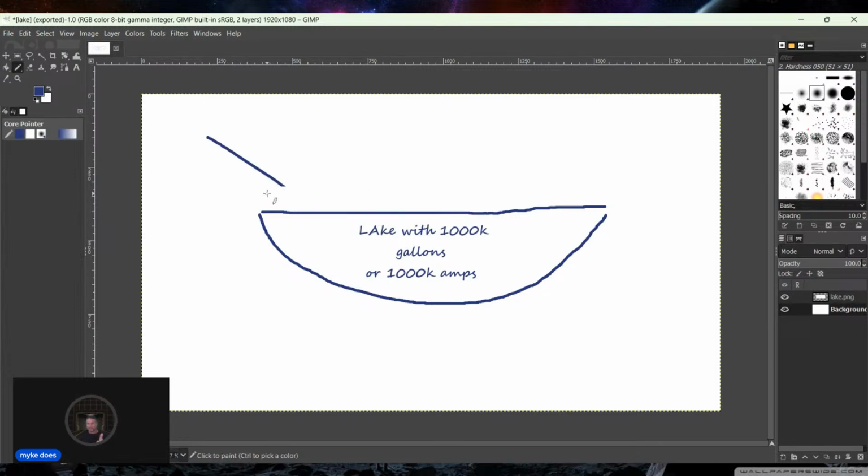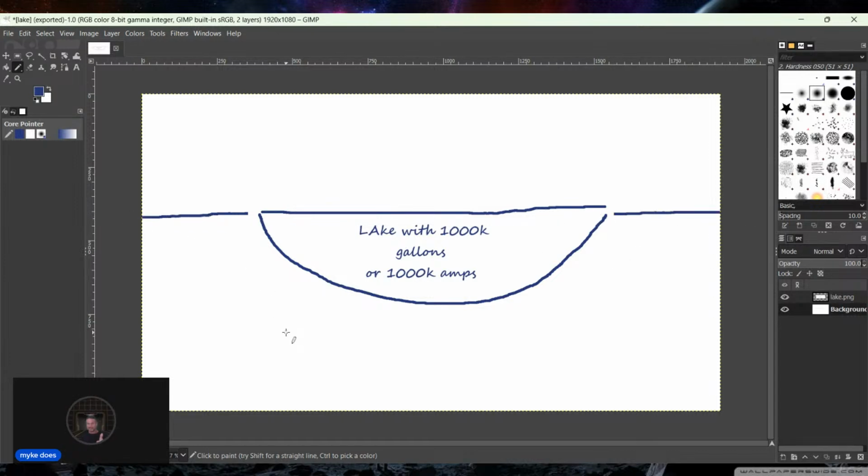Inside the lake, you have that 1 million amps sitting there, right? It's not moving. It's level, as you can see.